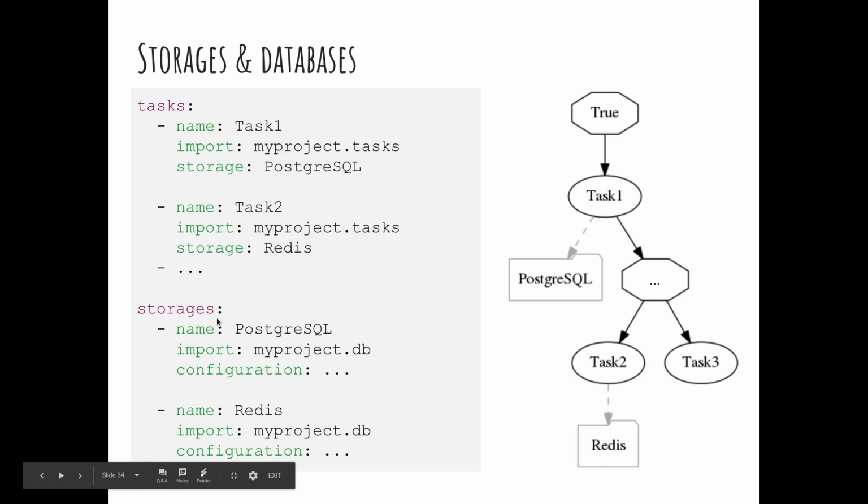And then when we would like to use these database or storage adapters, we just assign them to tasks. So tasks solely have the implementation on how to compute results, and then we have these storage or database adapters that state how results should be stored in the databases or storages we use. If we visualize this configuration, we can see that the results of task 1 are stored in PostgreSQL, and results of task 2 are stored in Redis. Results of task 3 are discarded, if there are any.